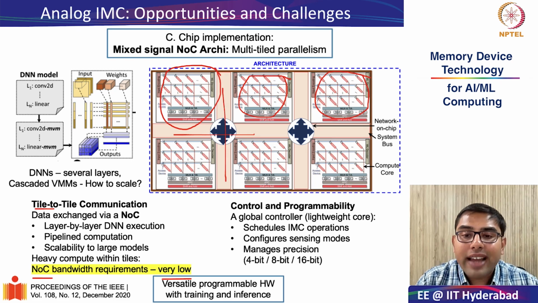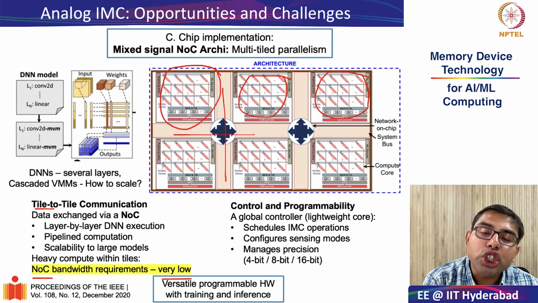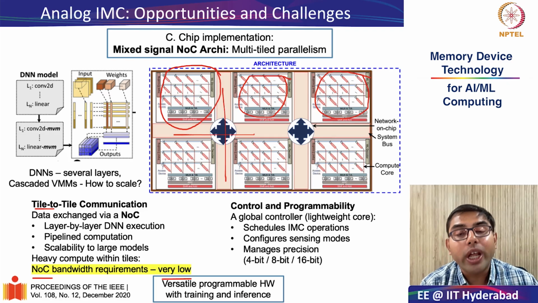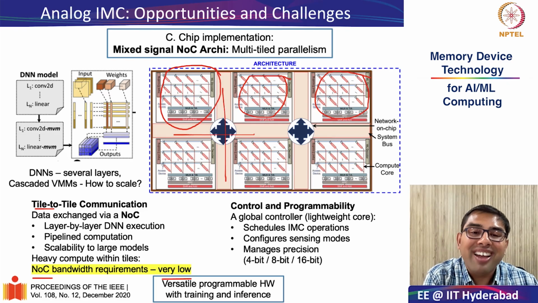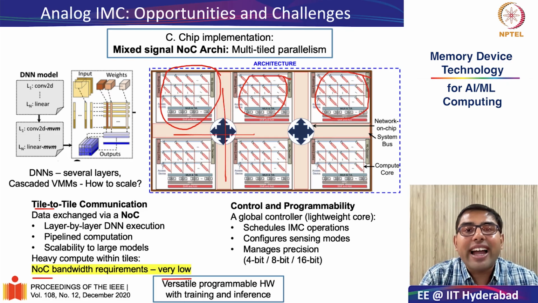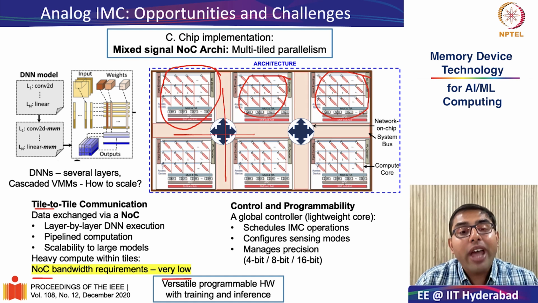And it does it dynamically so that a good balance can be reached between the accuracy of computation and the power consumption. And this kind of architecture gives you a very versatile and programmable hardware platform where you can do both training and inference.